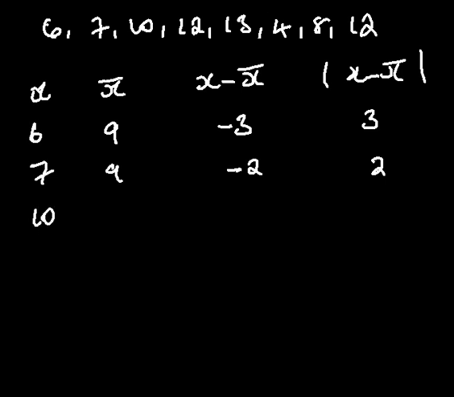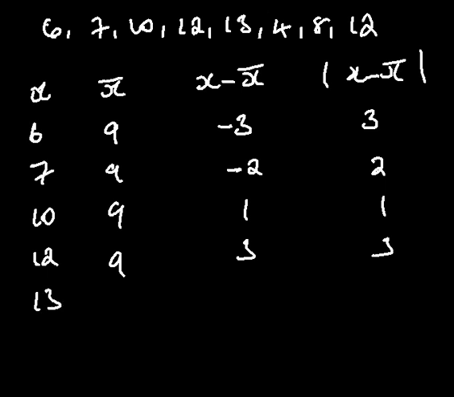And we have 10. The mean remains the same, which is 9, and 10 minus 9 is 1. And what is the absolute value of 1? That is +1. And now we have 12. And 12 minus 9 is 3. And what is the absolute value of 3? That is 3.